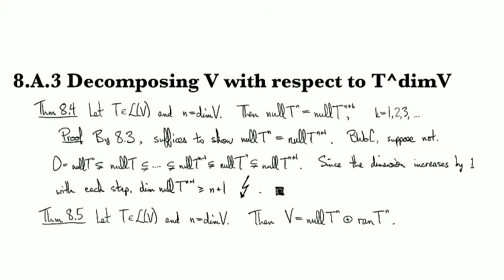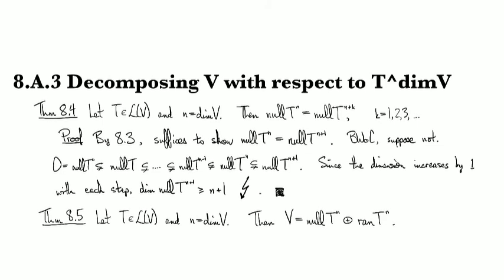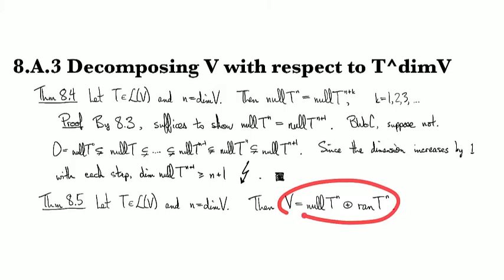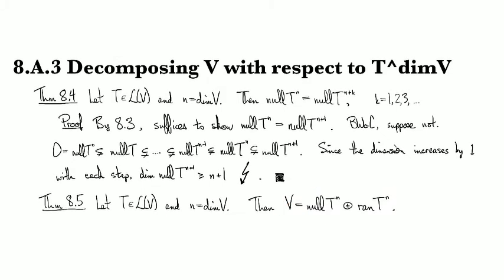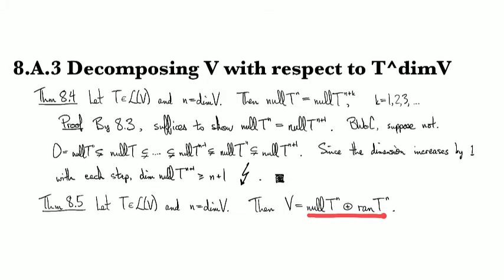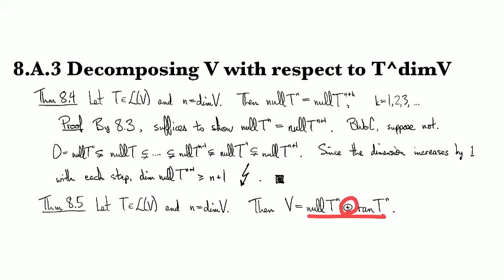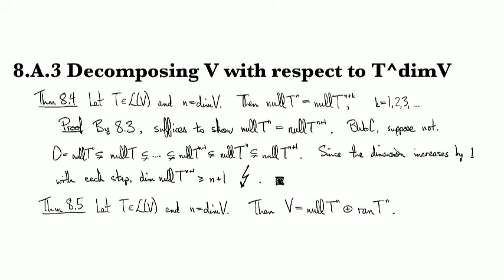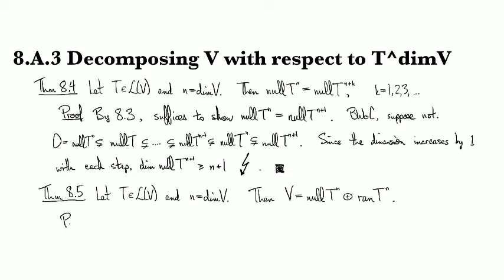Okay, so now on to the next one. In order to show this decomposition right here, first we're just going to talk about this direct sum, and we'll show that this sum is direct, and then we will prove this equality.